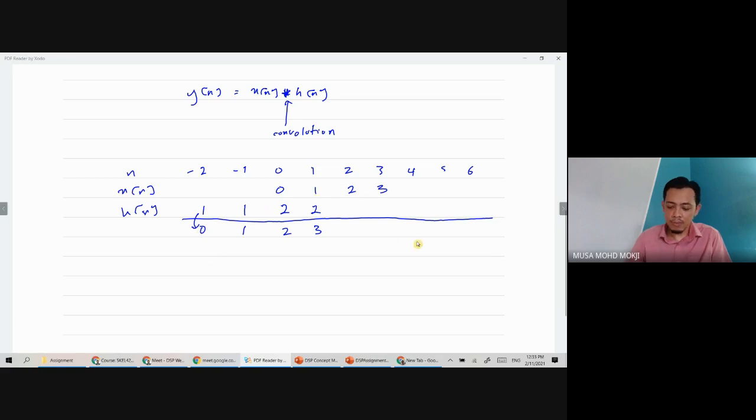Second one, we will start from here. Same thing, everything multiplied by 1, so 0, 1, 2, 3. And then the third one, now you need to multiply by 2. 0, 2, 4, 6. Again, we need to multiply by 2. 0, 2, 4, 6.